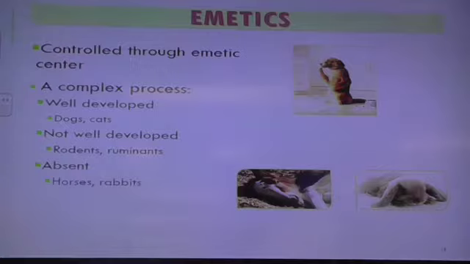We know dogs, cats and humans have a very well developed vomiting center, but rodents and ruminants are not well developed. You can find vomiting less commonly compared to dogs and cats, and horses or rabbits are not developed at all for emesis. But once you see vomiting in horses, it can tell you it's the last stage of their life. That means you cannot do anything from that.